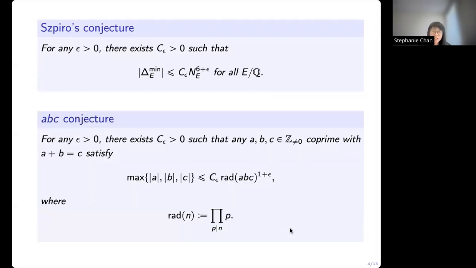The ABC conjecture says that, given an ABC triple, which is 3 non-zero integers A, B, and C that are coprime and satisfy A plus B equals C, the maximum of the absolute values of A, B, and C should be bounded by some constant times the radical of ABC to the 1 plus epsilon, where I'm writing rad of n to mean the product of distinct primes that divide the integer n.